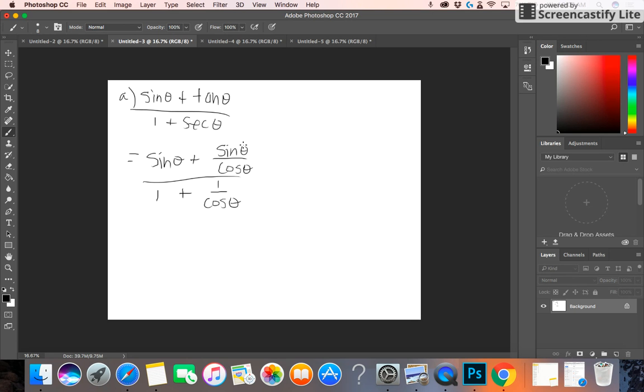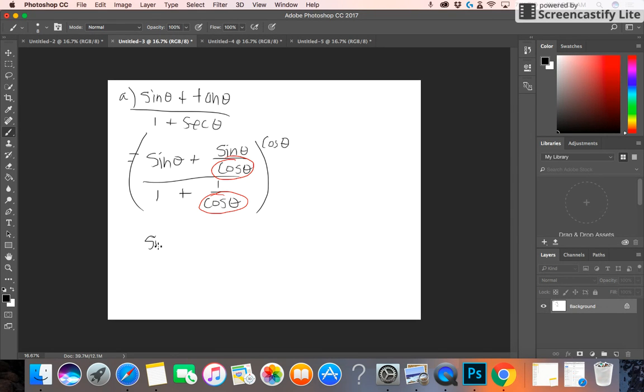Now that we have a fraction within a fraction, we have to get rid of those by using fraction busters. The way that you do fraction busters is by finding a common denominator within the fractions, which in this case is just cosine. So let me write cosine up here, and we're going to multiply cosine by everything.